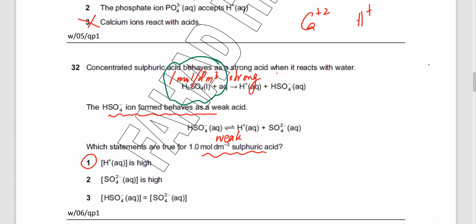Is it also 1? Okay, because the first time it's dissociating that's strong, so it's going to be 1 mole per dm cube, right? But that would also give you 1 mole per dm cube of HSO4 minus 1 ions.